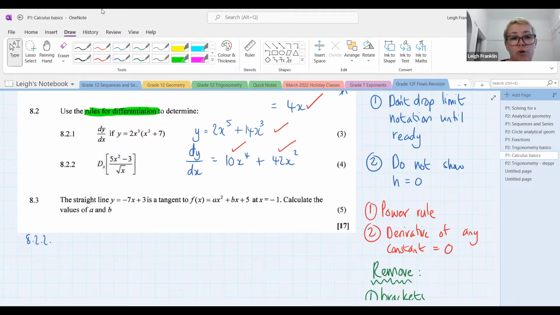What needs to go? Absolutely. The square root needs to go, the denominator needs to go. That's exactly it. So no denominator and no root.